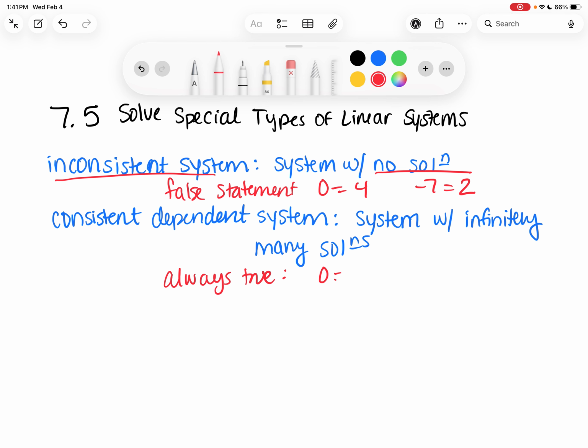Like 0 equals 0. -6 equals -6, so on and so forth. So to answer a question like this, if that happens, you would say it has infinitely many solutions, and then you would say it's consistent and dependent.